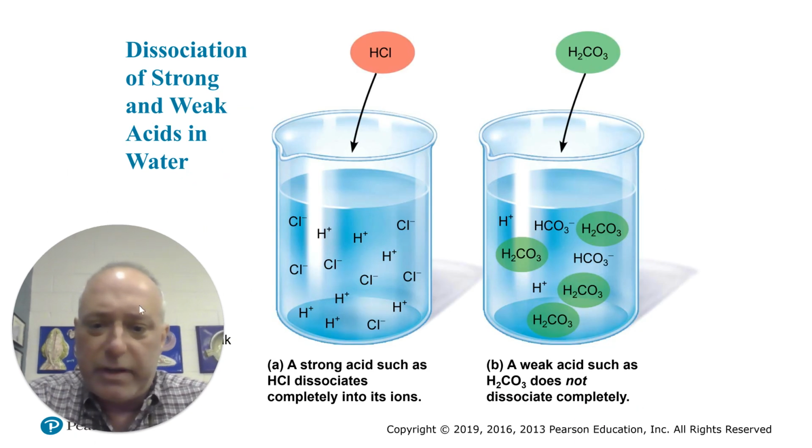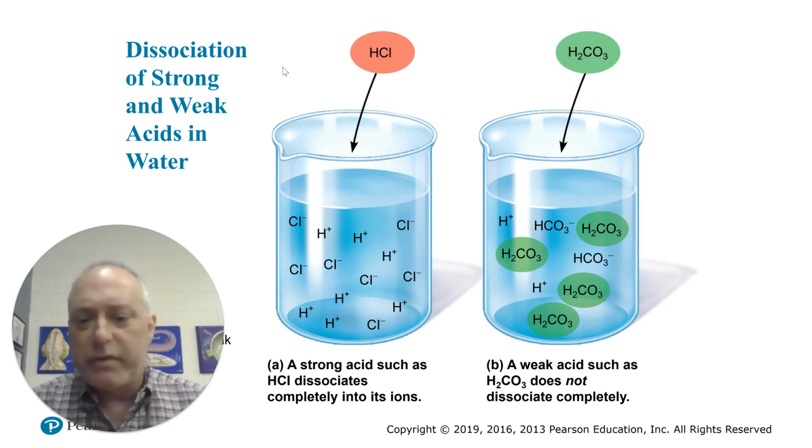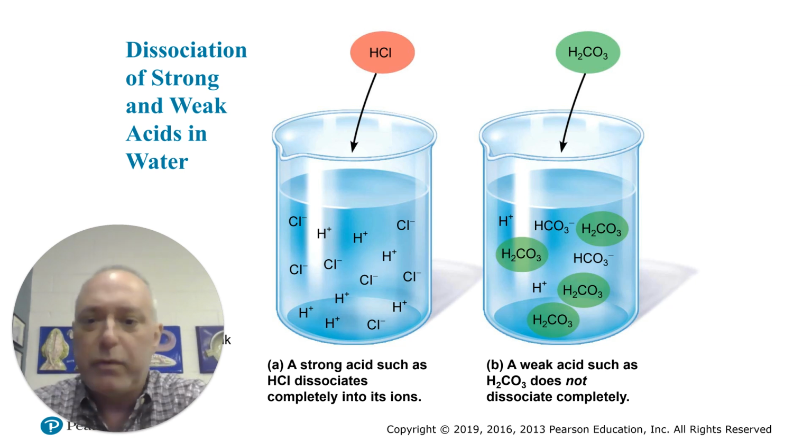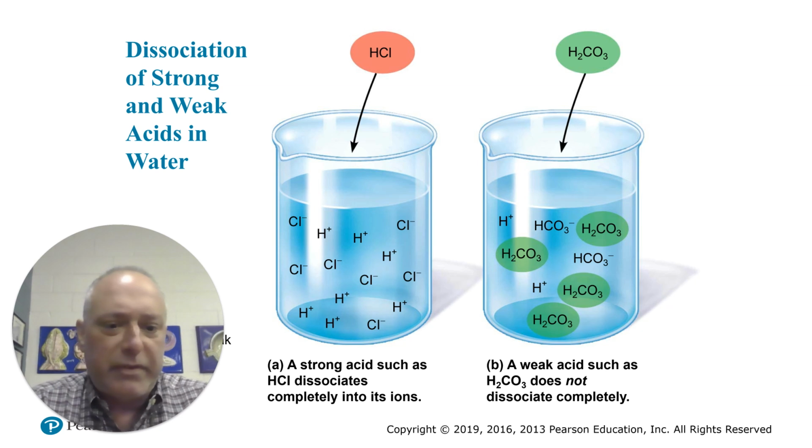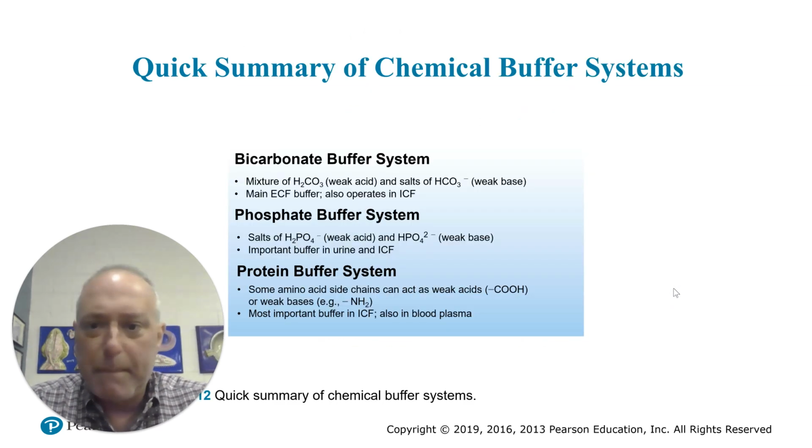Okay, just really quickly, strong acids will dissociate 100% into their components, whereas weak acids don't dissociate 100%. They stay in a couple different forms. And so we've got hydrochloric acid completely dissociating, and bicarbonate that is partially dissociating. So the bicarbonate buffer system is very important.